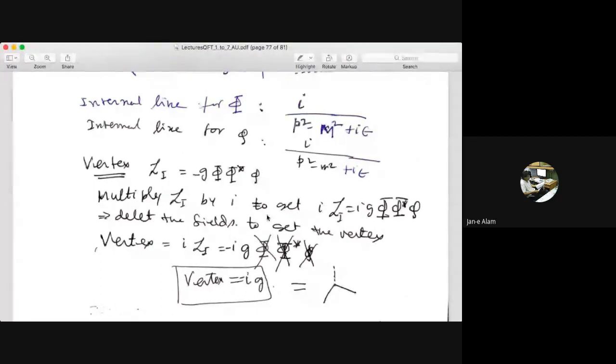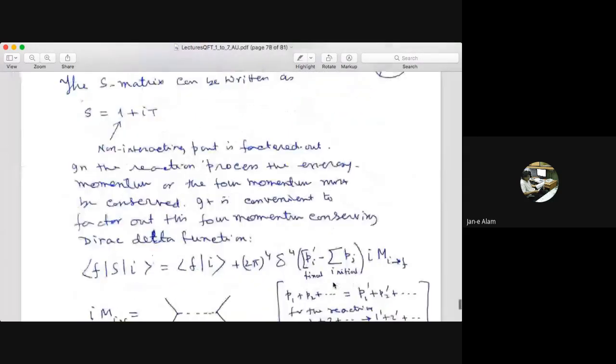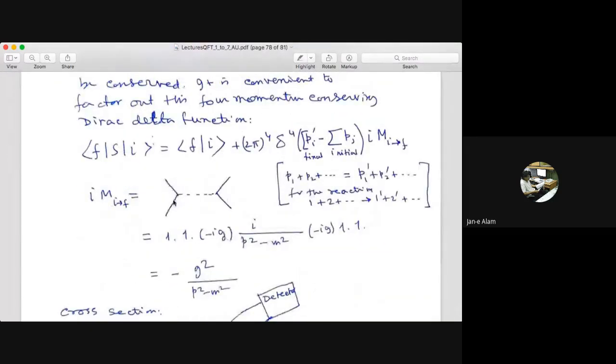In the Feynman diagram in coordinate space, this particle propagates from x1 to x2, so it will not be a contact interaction. The particle is not produced at this point itself; phi will propagate, and again produce the particles phi and phi bar. I'll give a concrete example.